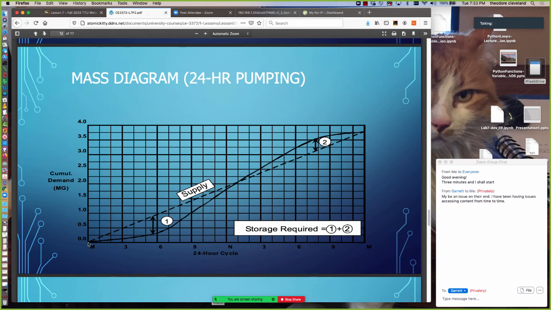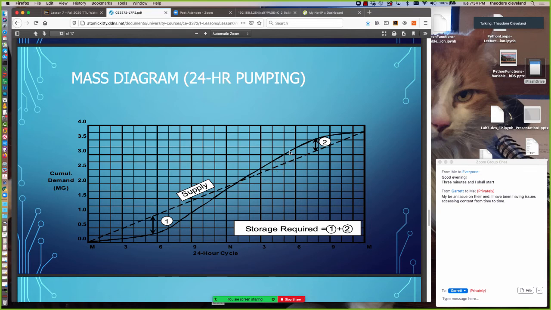If we go from 0 up to the 3.75 and draw a straight line, that straight line represents a constant draw from supply that gets to the same end point. On that straight line, we see that up until a little bit after noon, we have more supply available than demand. And then after noon, we have more demand than the constant rate of supply.